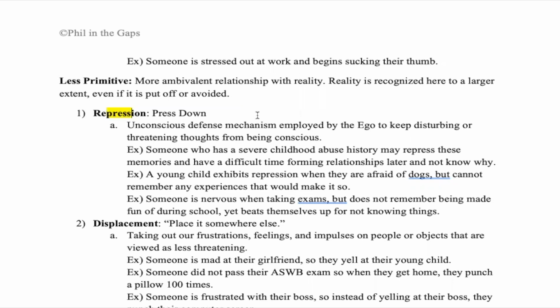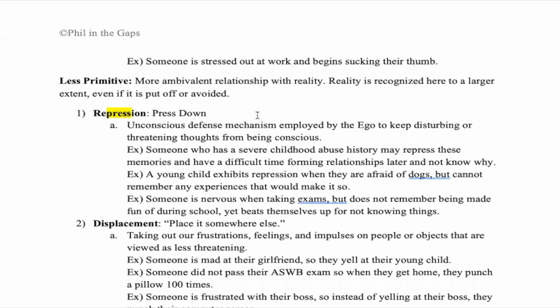So if you remember back to the levels of the mind, this is going to be the unconscious part of the mind of where you're not readily able to identify memories because it is too painful for you to acknowledge them. So the ego is going to push them outside of what you actually remember.